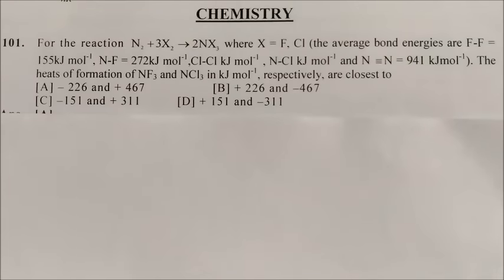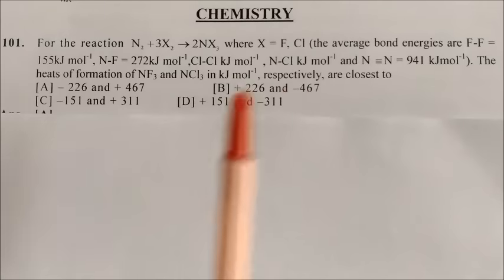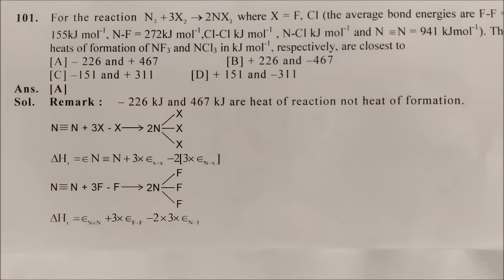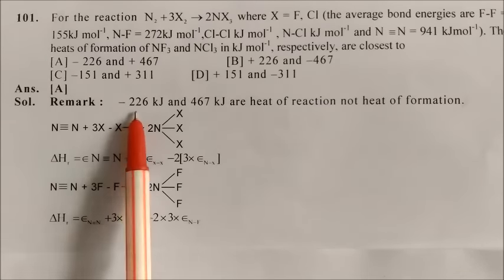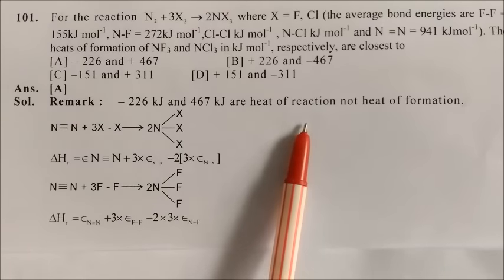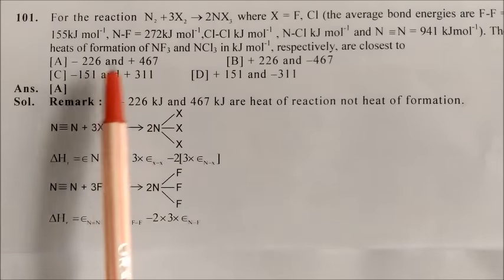So what is the heat of formation of NF3 and NCl3 in kilojoule per mole respectively? So they are asking the heat of formation. Let us see the problem. You can see minus 226 kilojoule and 467 kilojoule are the heat of reaction. This is not the heat of formation.